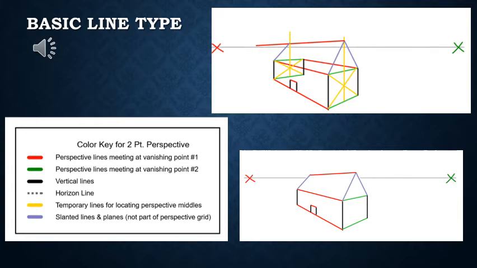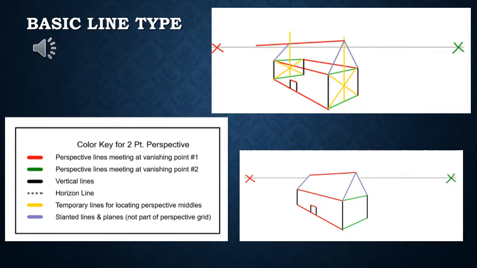In these two drawings we are using a red line, because we already understand that we have two vanishing points, and these two vanishing points are shown as a red vanishing point and a green vanishing point. From the red vanishing point, all the lines will be produced as red, and from the green vanishing point all the lines will be produced in green, so we can understand it better.